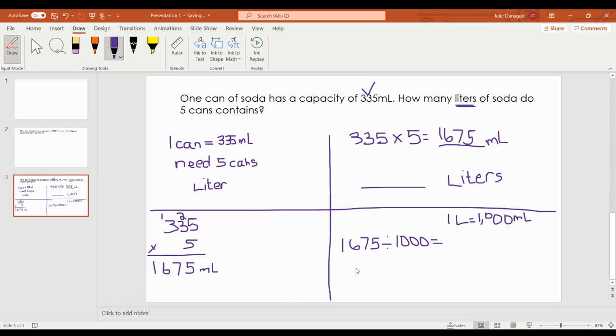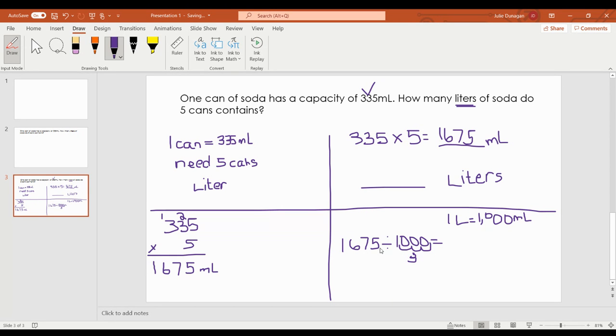We are going to shift our 1,675 3 places to the right, or we can move our decimal point. So let's check out our decimal point. We're going to count our zeros. 1, 2, 3 zeros. Oops, that's supposed to be a 3.